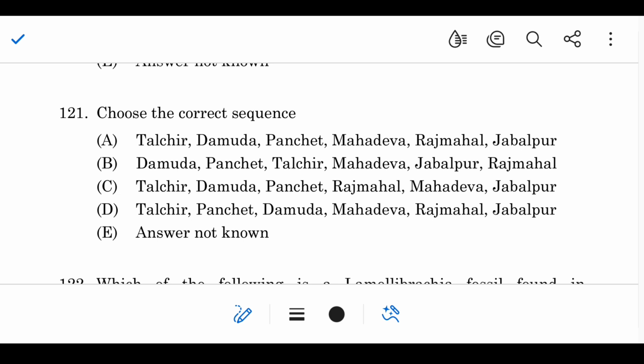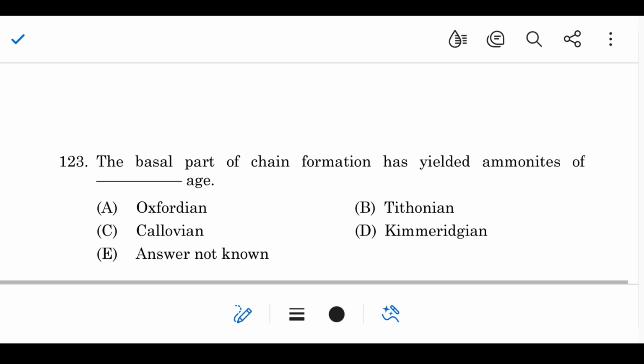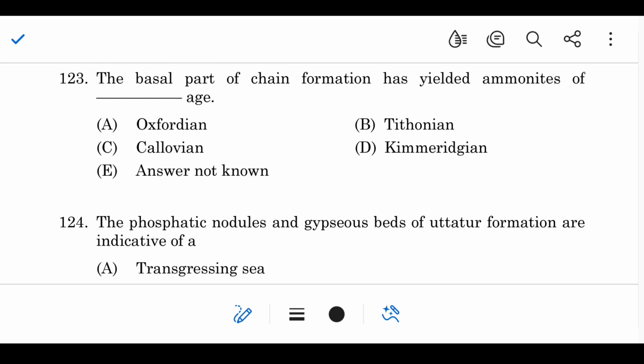Choose the correct sequence: Talchir, Damuda, Panchet, Mahadeva, Rajmahal and Jabalpur. Which of the following is the lamellibranch fossil found in Trichinopoly stage? It is Trigonia.